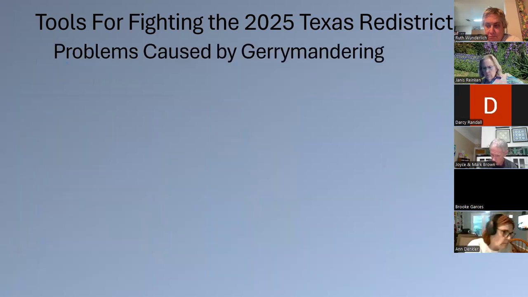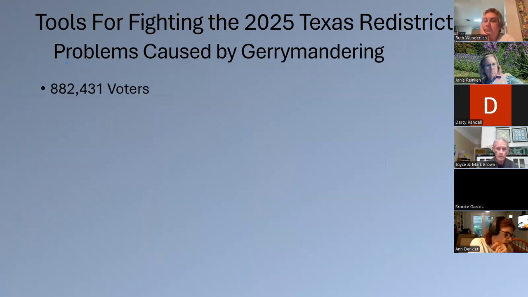So let's talk about some of the problems caused by gerrymandering. The first I kind of mentioned: in Travis County, we have 880,000 voters. Because of gerrymandering, we have 3,451 different ballots.